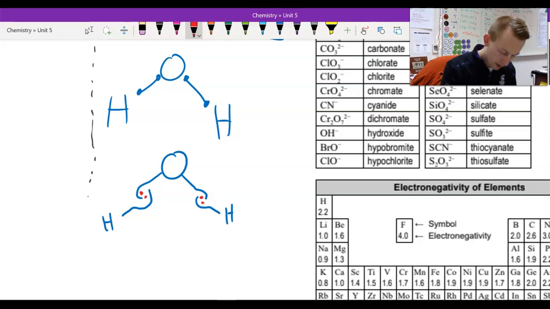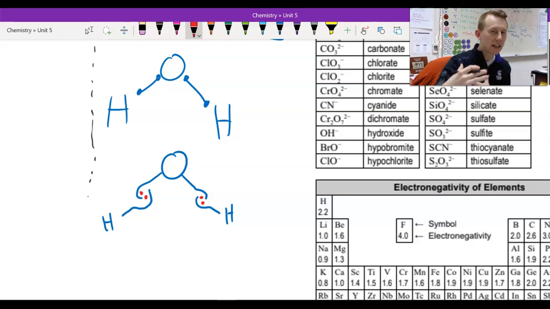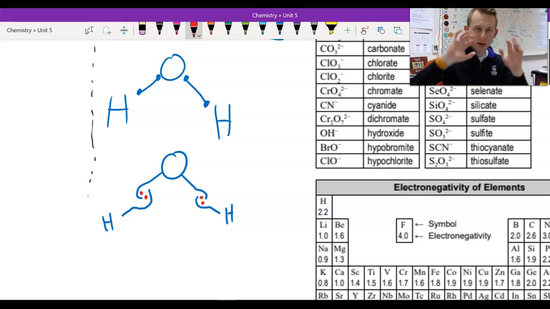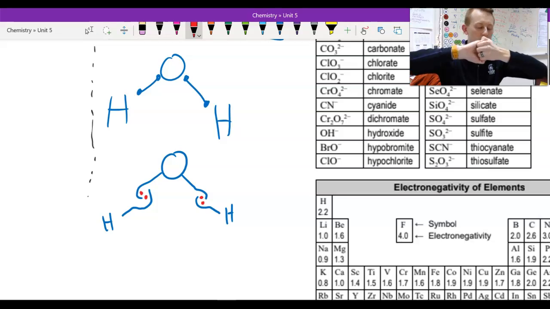You can think about the red dots as the electrons, okay? Hydrogen and oxygen are both contributing an electron, but they're not completely giving up their electron because they still need it. So you can think about it like 2 hands holding on to these things, and they're both pulling on these electrons in one way or the other. But the electrons aren't being pulled completely one way or the other, they're being shared between them.